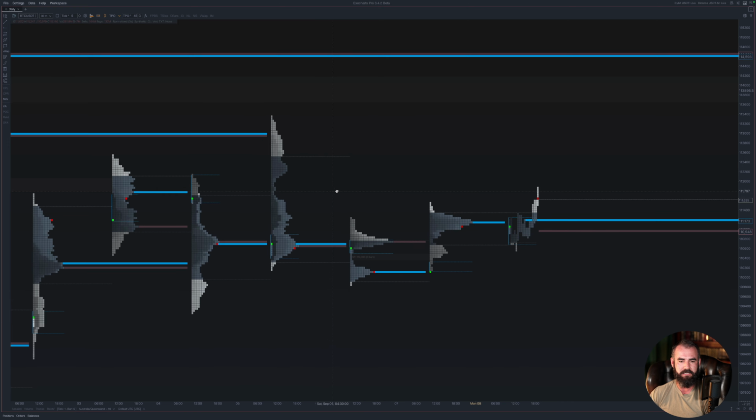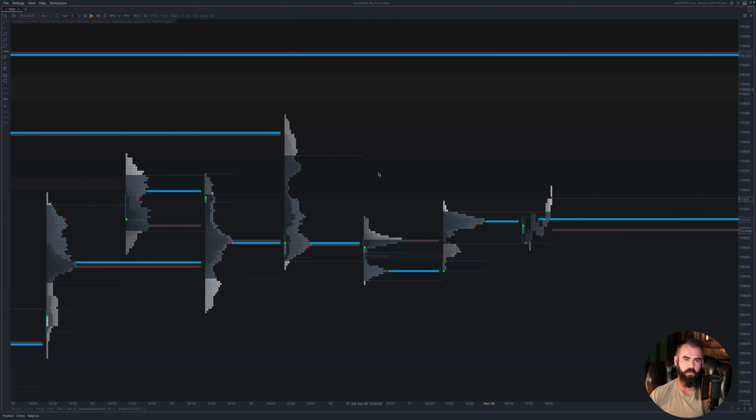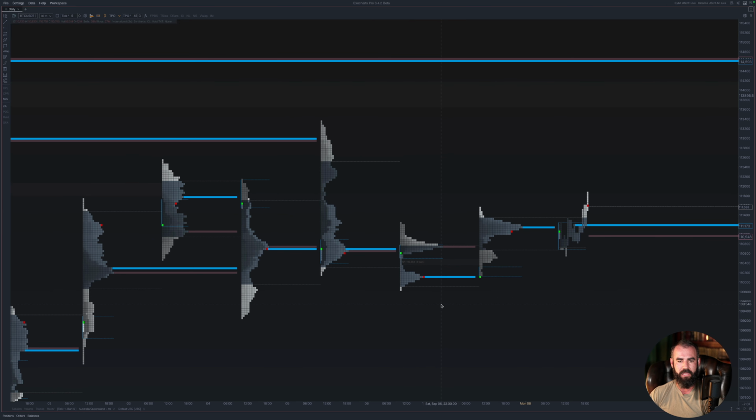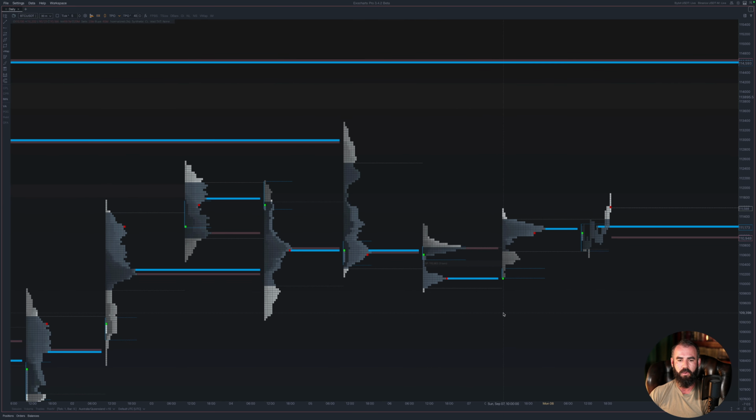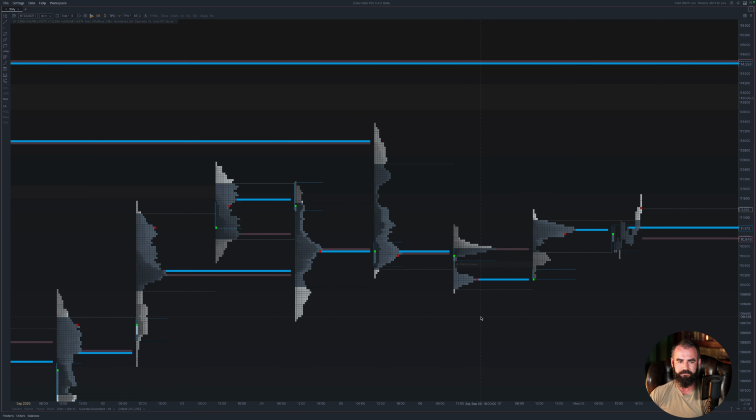But the anomalies that stand out here are this naked value area high, which comes in at around 112,500, and then this naked value area low down through here that comes in at 109,900. So if we're looking at these areas as drawing liquidity, we have a little bit of an idea of exactly where we'd like to see price reach towards on an intraday level.